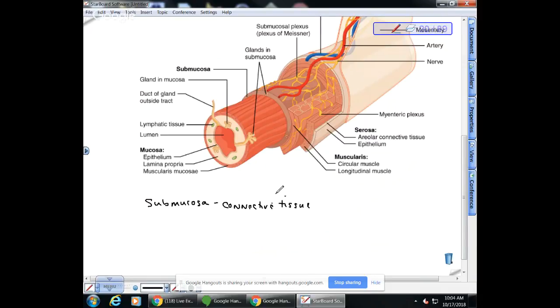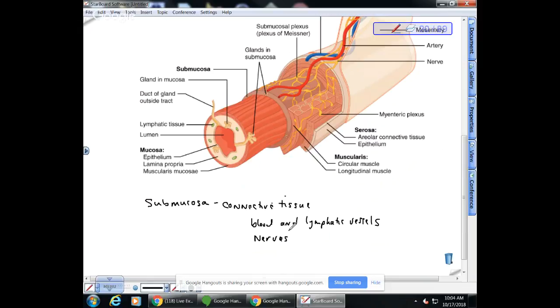And this is where we have blood vessels and lymphatic vessels. So blood and lymphatic vessels. And we're going to talk about the importance of the lymphatic system to the absorption of fats. And then we also have nerves.